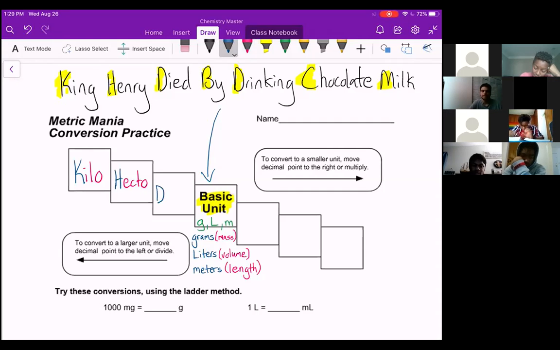This one is deca. Not decabyte, sorry. Byte would be a base unit. Sometimes you may see it spelled this way, so you can write it either way. All right, what about another D?